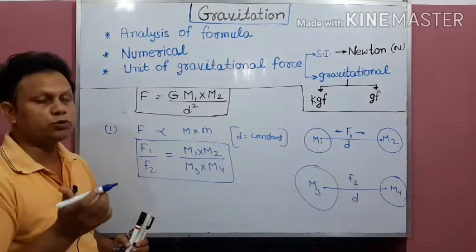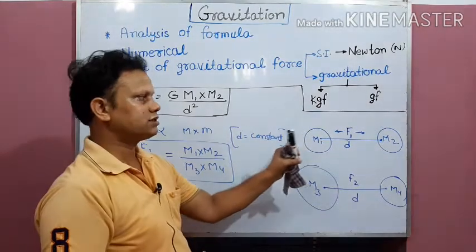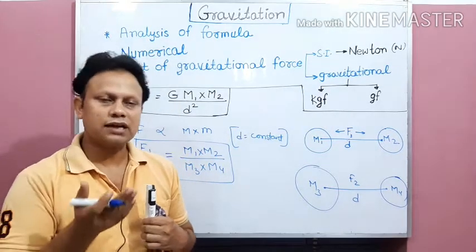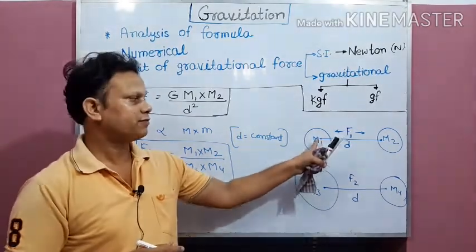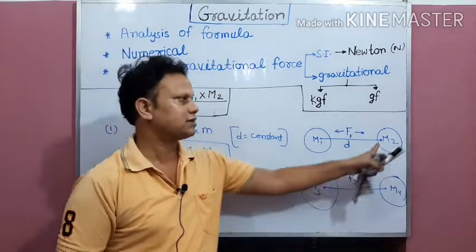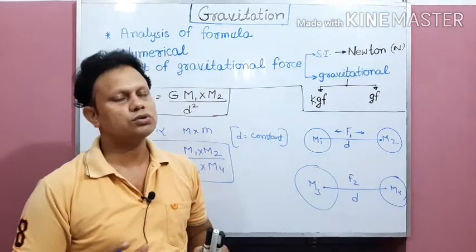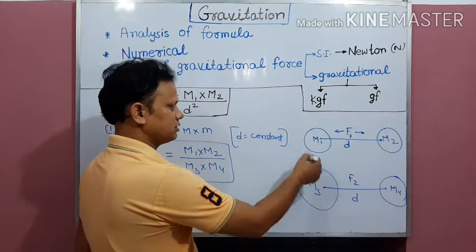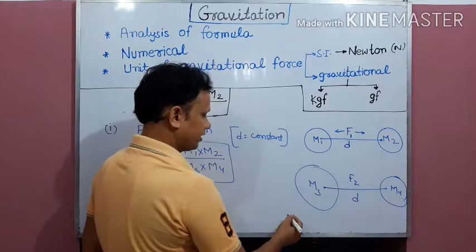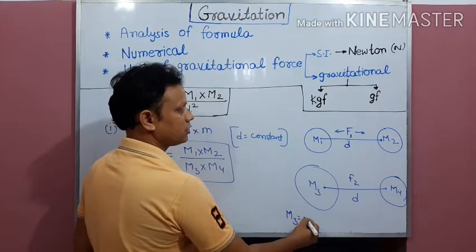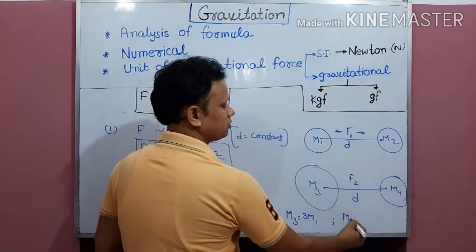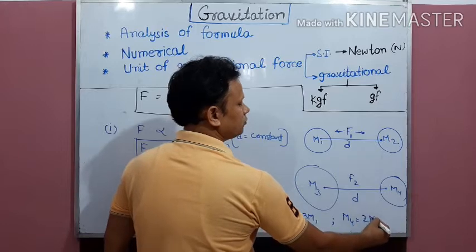Suppose one question is there, that in one situation two objects are there. Now in another situation, the two objects are again there, but suppose one is triple and the other is double. So what is the relation between these two? This one is triple of that and this one is double of that. So we can write M3 is equal to 3M1 and M4 is equal to 2M2.